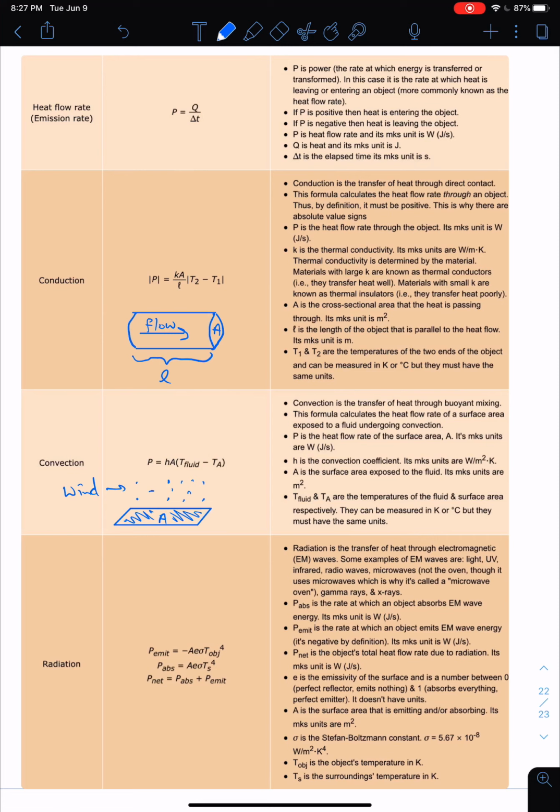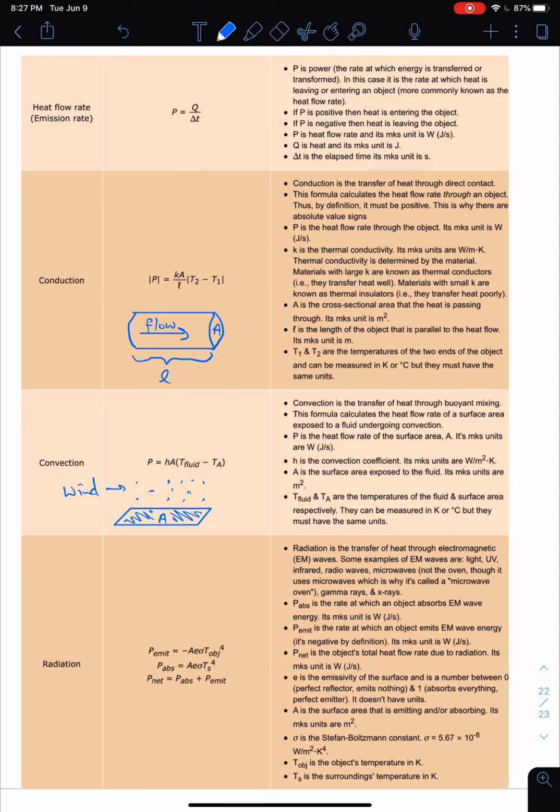TA is the temperature of the surface area. And what we're figuring out here is the heat flow rate of this surface area. So is it gaining heat? In other words, is it going to end up warming up, or is it losing heat? Is it going to end up cooling down? This, as you can imagine, is very important for, say, houses.